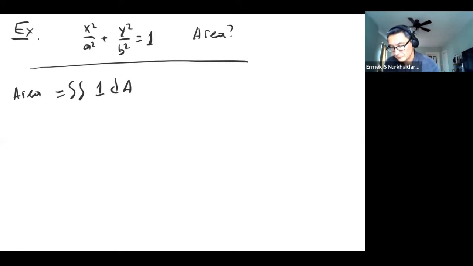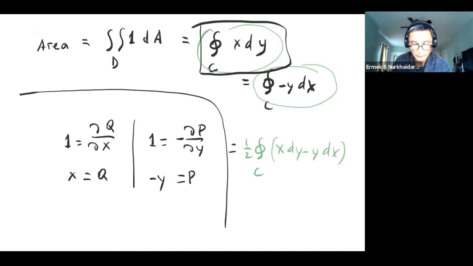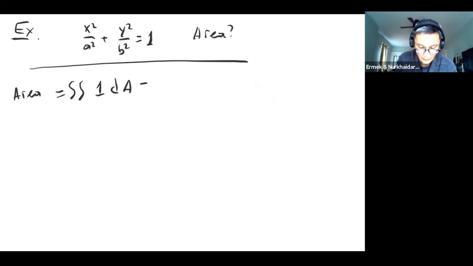And say we've decided to do, let's have a look, I guess this one, because it has positive. That's the only reason, I guess. So by Green's, that is the integral over C of x dy.